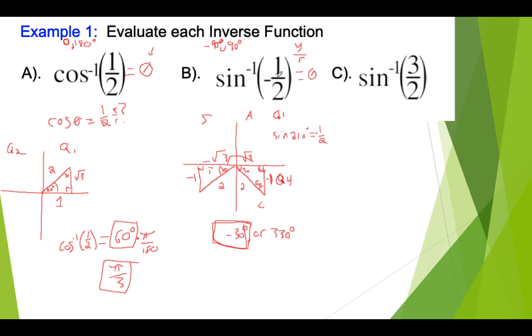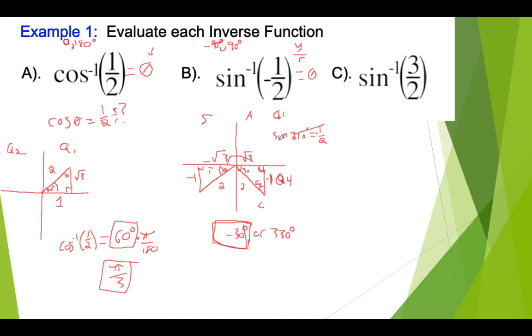But sine inverse doesn't equal 210, and that's because, remember, we had to restrict the domain of our sine function so that our inverse function was a function, so it would pass the vertical line test.